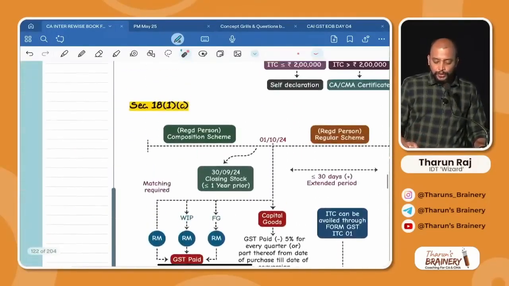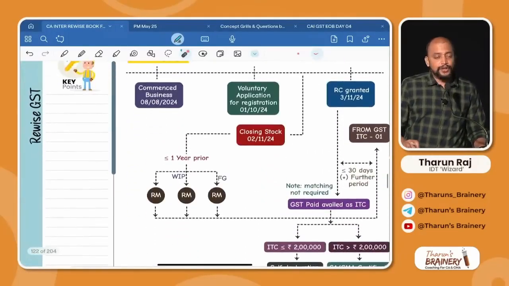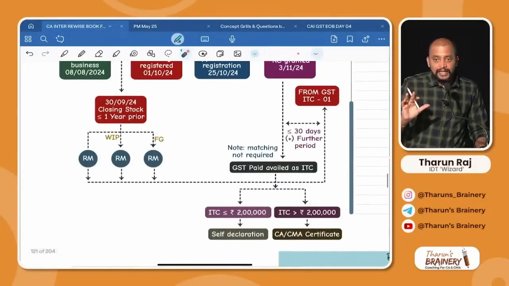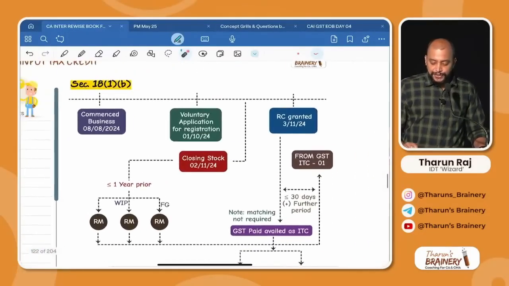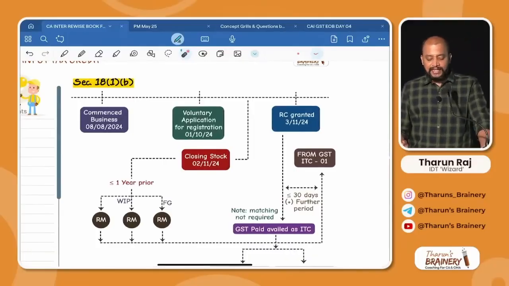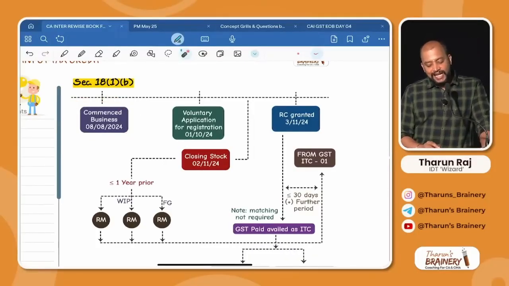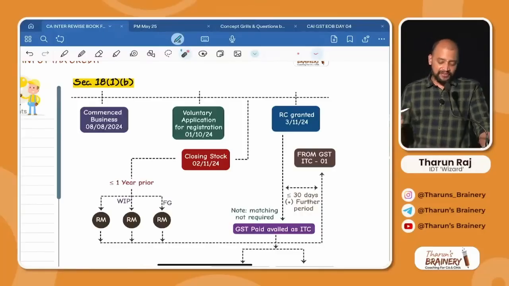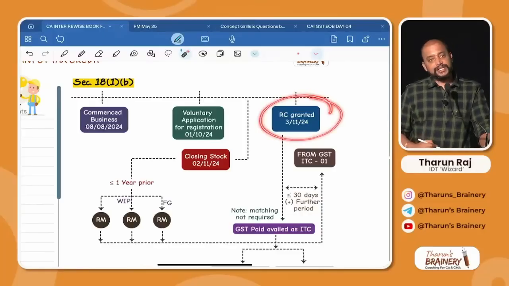Then go to 18(1)(b). You understood 18(1)(a). Clear? Now 18(1)(b), you see. A person commenced business on 8/8/2024. He voluntarily made an application for registration on 1/10/2024. Thereafter, he got the registration certificate.